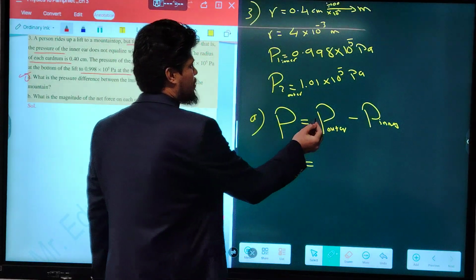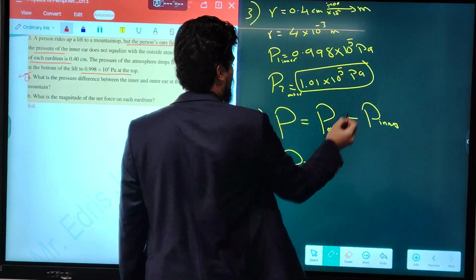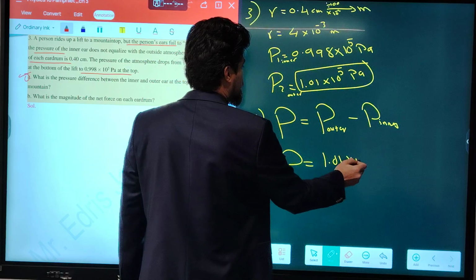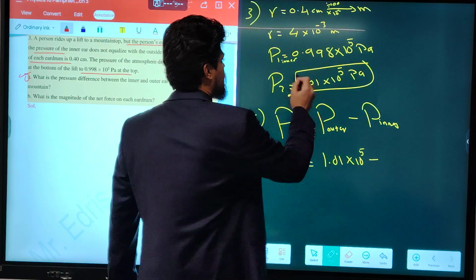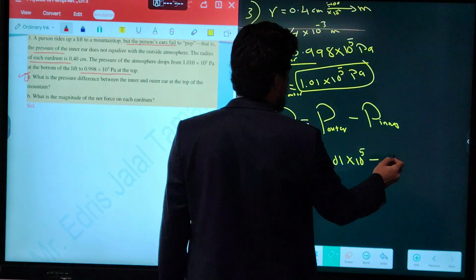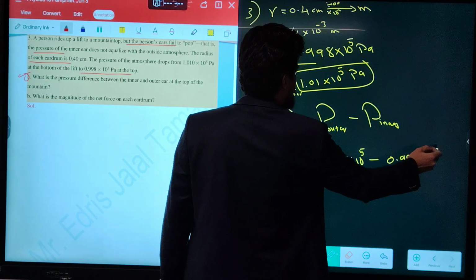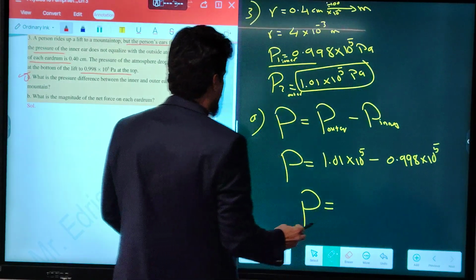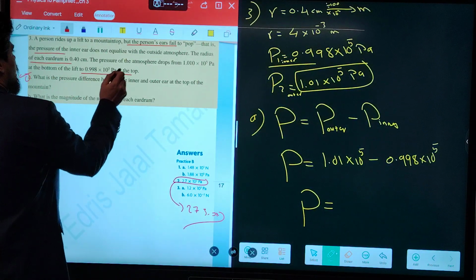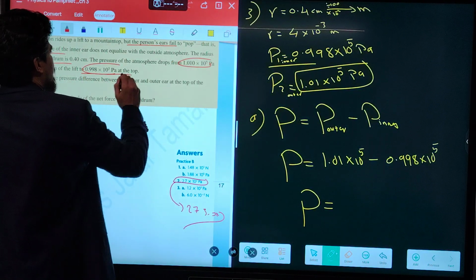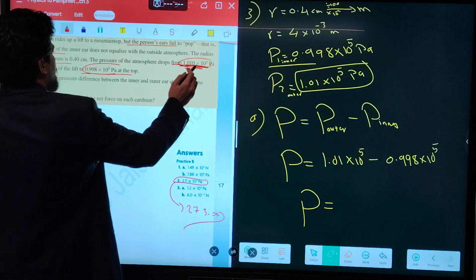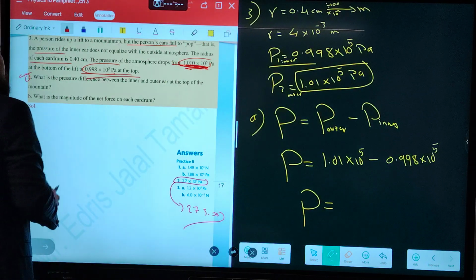P outer, 1.01 times 10 power 5, minus the pressure in the inner ear, 0.998 times 10 power 5. We have to subtract these two pressures, the outer pressure and the inner pressure.